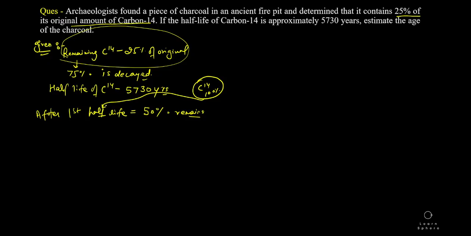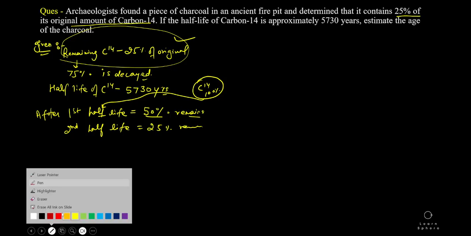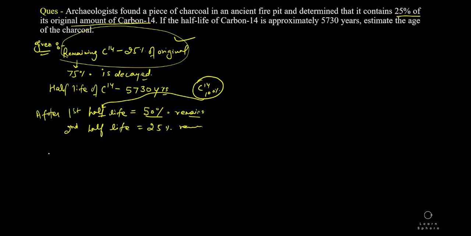After the first half-life it remains 50% only, and after the second half-life it remains only 25%. The half of 50 is 25%, so the remaining amount is 25%, and it means there were two half-lives.